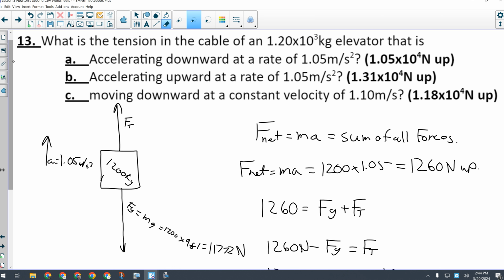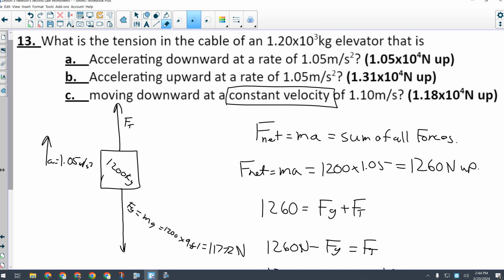Constant velocity. What is the acceleration of an object traveling at a constant velocity? 0. What's the net force acting on an object traveling at a constant velocity? 0. We learned that the other day.